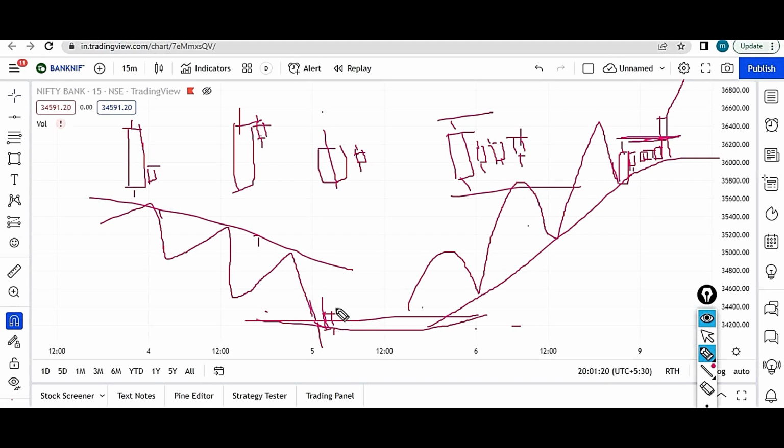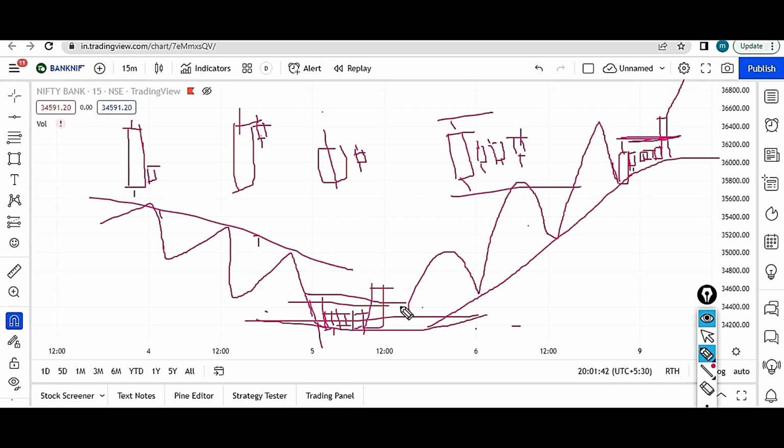It holds small candles inside for 1, 2 or 3 days like that, and it starts breaking out. The same pattern you can observe in intraday also, not only on daily. Suddenly it breaks out from this level with this master candle, then you will take an entry.